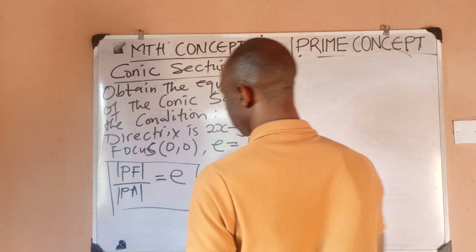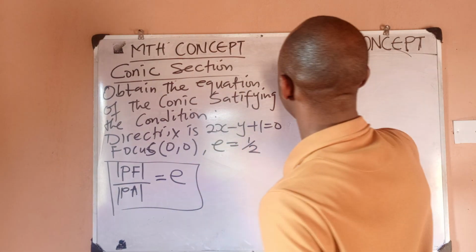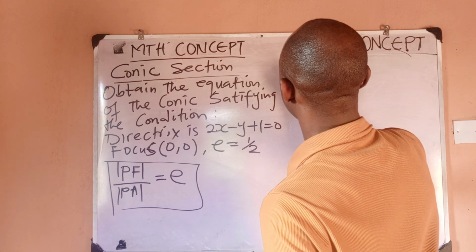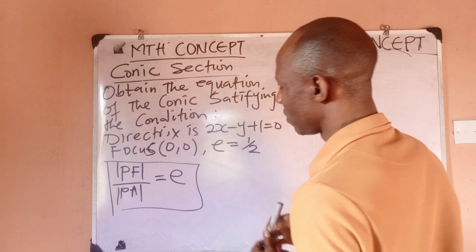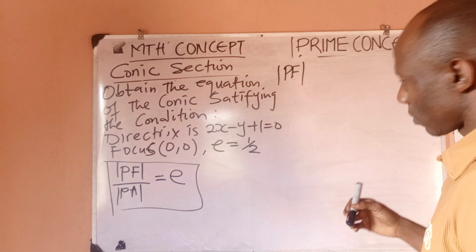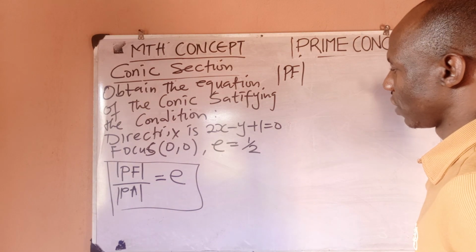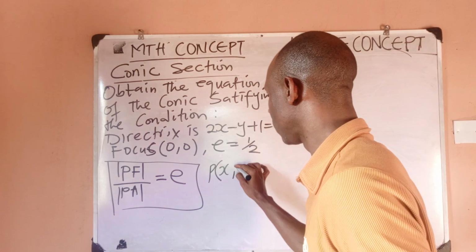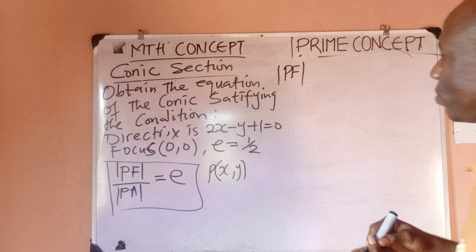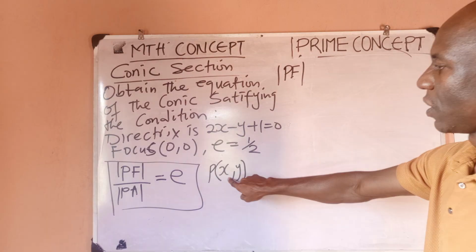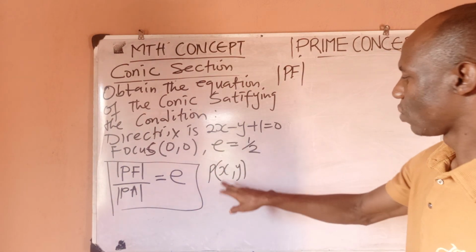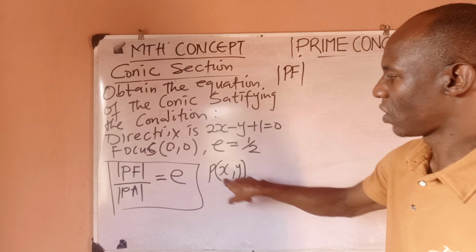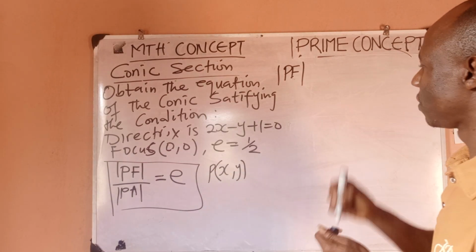So let's find PF. PF is a distance from that point. What is the point we are dealing with? We are dealing with a point P with coordinates x and y. So PF is the distance from this point P to the focus. How do we get the distance between these 2 points, point P and the focus? It's very simple.